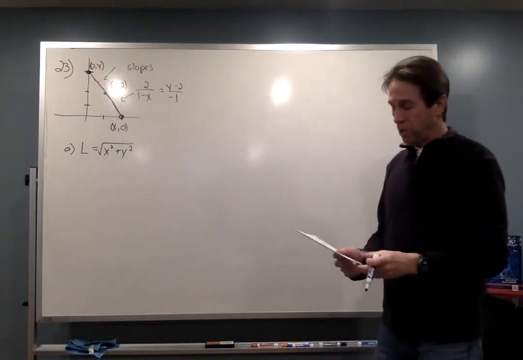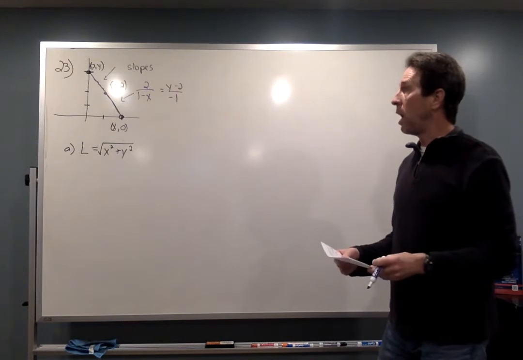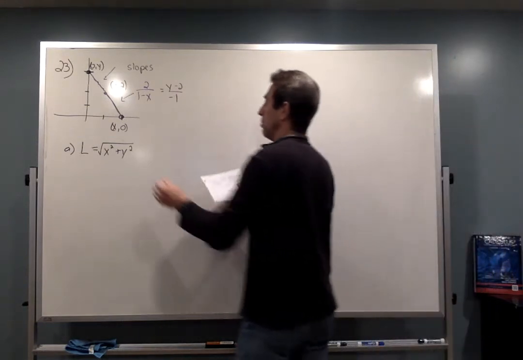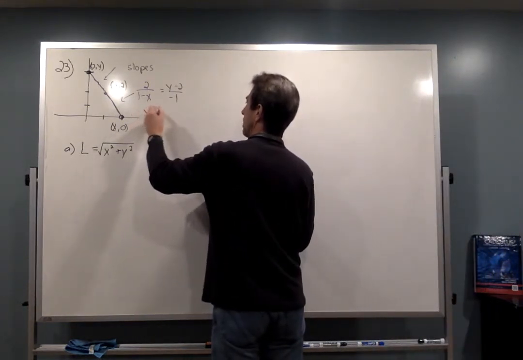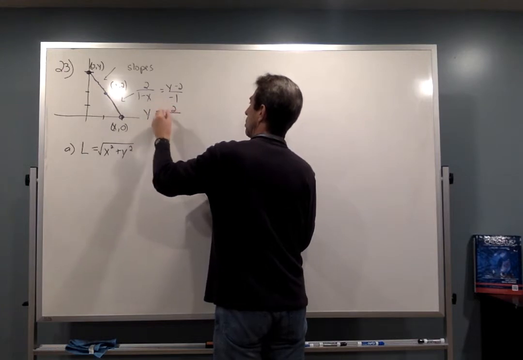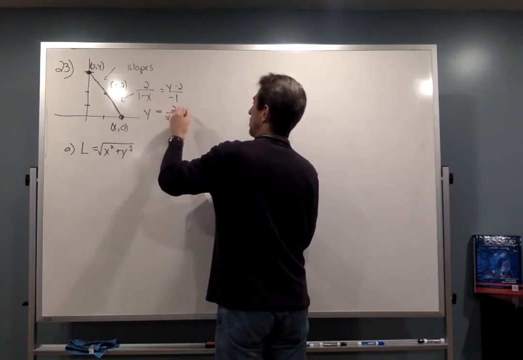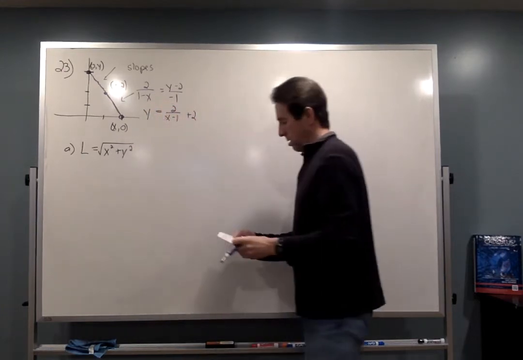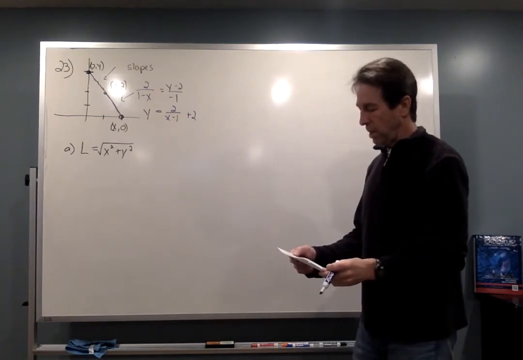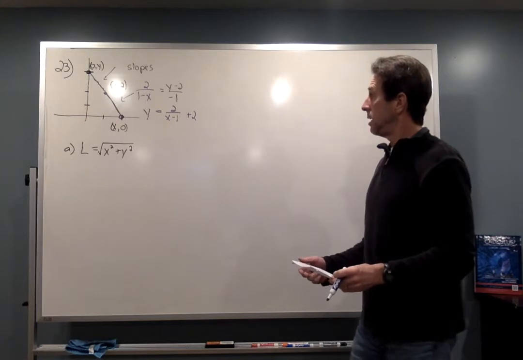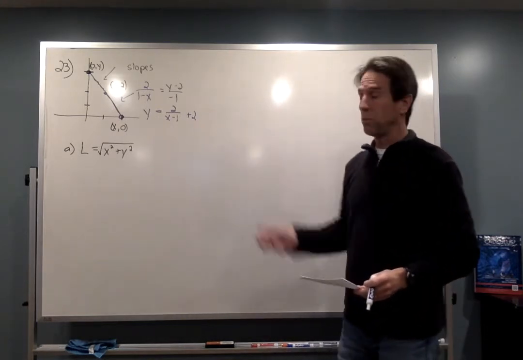And so now your job is to solve for y. Well, I've done that for you, but you can check it. y will eventually be 2 over (x minus 1), plus 2. So that would be an expression for y. We can definitely play with that a little bit. We can get it into one big term. It doesn't really matter.